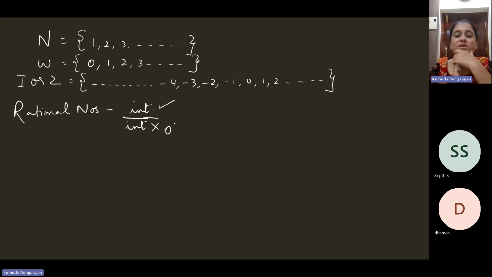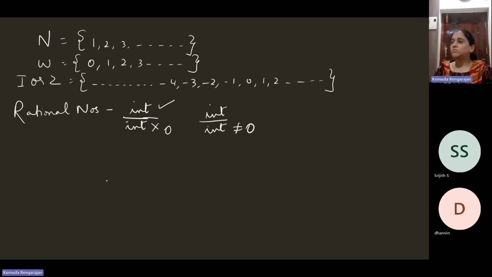So integer by integer is a rational number. The numerator can be any integer, including 0. The denominator can be any integer, but this one should not be 0.